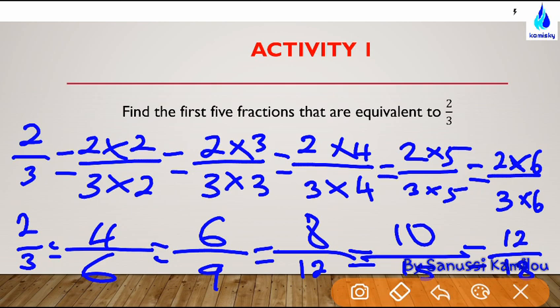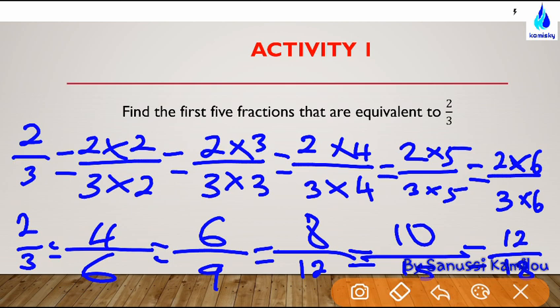Very good. As you can see, 2/3 is equal to 4 out of 6. It's the same as 6 out of 9. It's the same as 8 out of 12. It's the same as 10 out of 15.